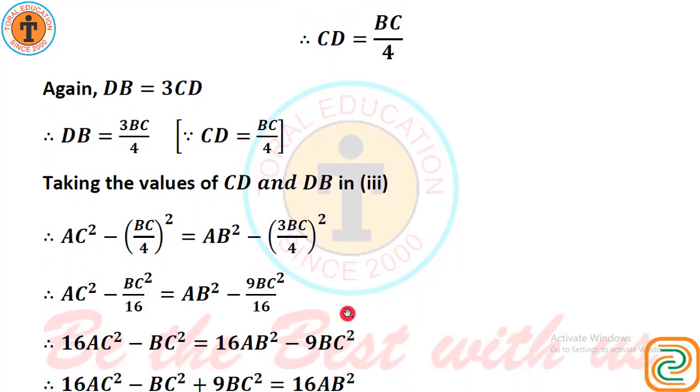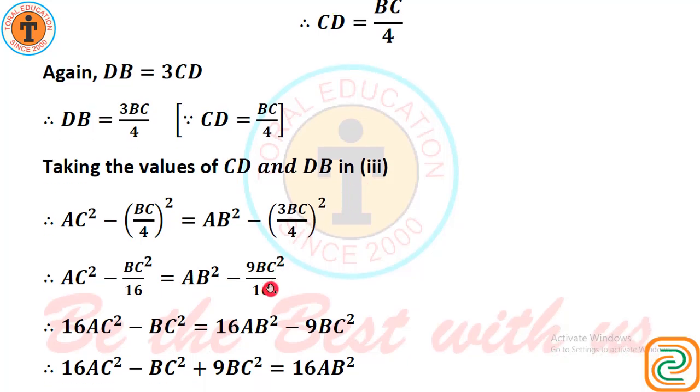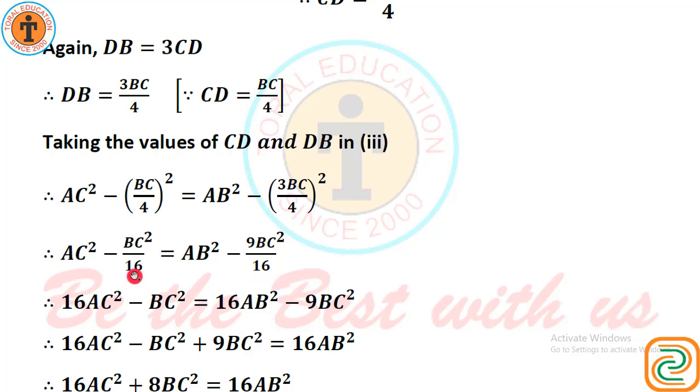Friends, practice this sum twice, thrice, 4 times, 5 times. Here BC square upon 16, and here 9 BC square upon 16, because this is a square. Take 16 LCM. So 16 AC square minus BC square equals 16 AB square minus 9 BC square.